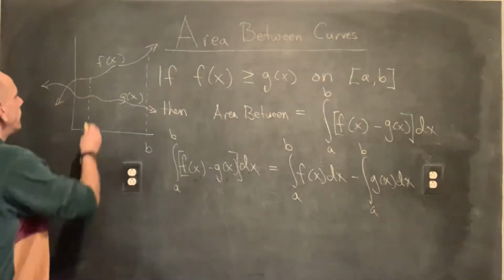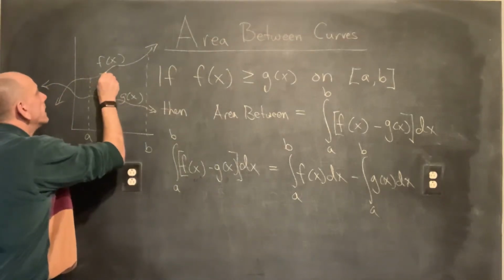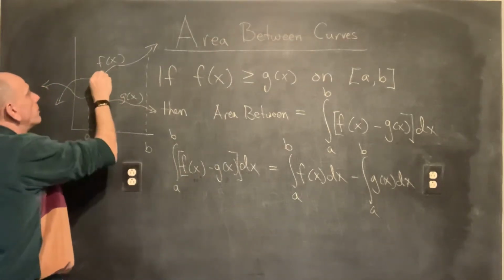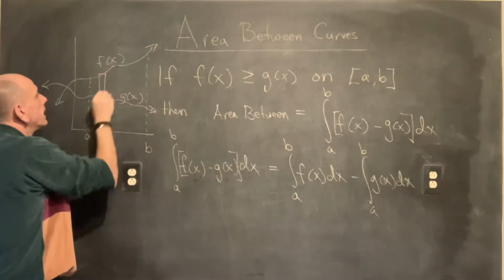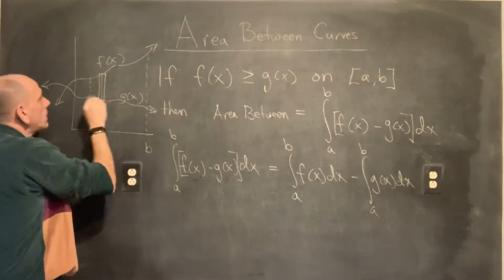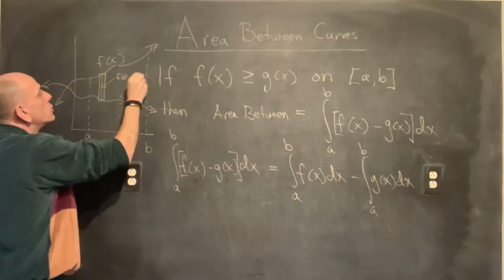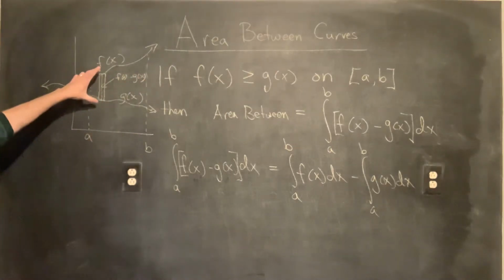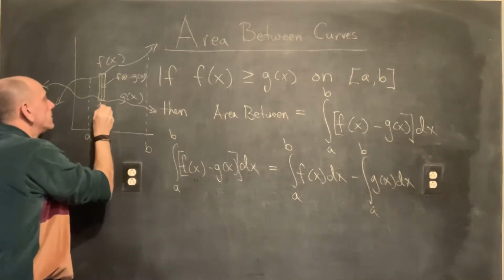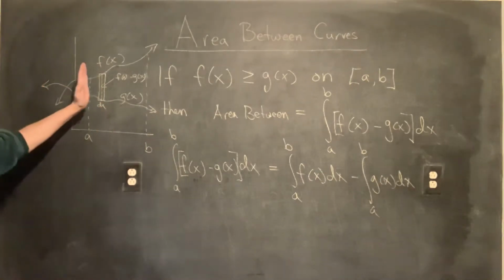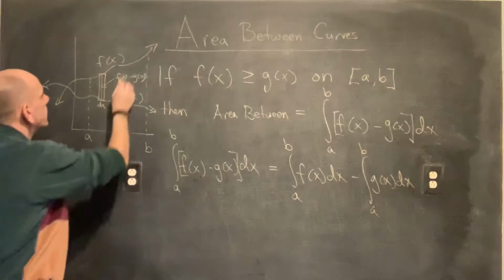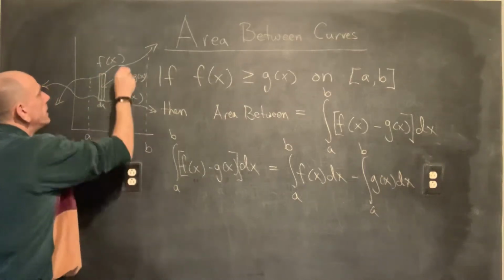Of course this is blown up, but that difference right there, f of x minus g of x, is the height of that rectangle, and of course the width is dx. So we're adding up all those rectangles as we go along from a to b.